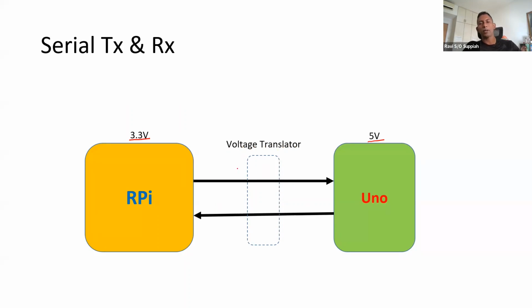Because of that, this voltage translator is actually not needed. But I'm not so sure whether we are still going to use it, so this part we'll come back to next studio. Of course, having a voltage translator is good because it can ensure that the correct voltages are translated. If I transmit a 1 and a 0 here, even though this is 3.3 and 0, the voltage translator will make sure it is 5 and 0. Then the other way around is the same thing.